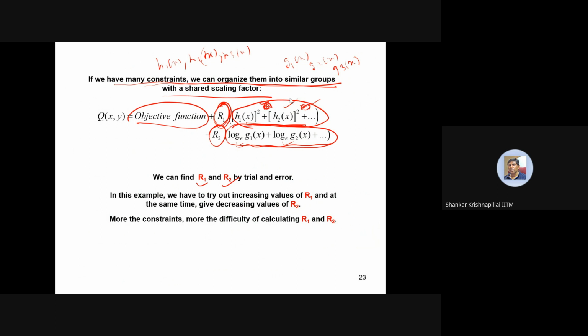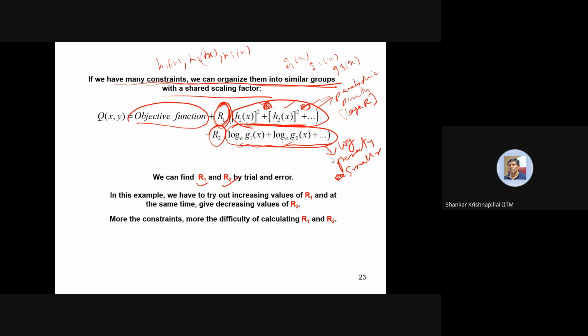Okay. So you can see that these are all parabolic penalty functions. Okay, they converge at a large R. Okay, so these are all log penalty. They converge at small r. Okay, so it makes it more complicated.